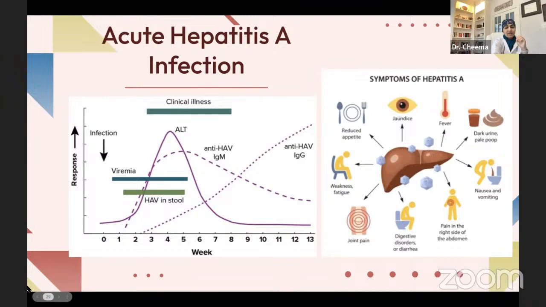It can also occur in healthcare workers through accidental needle stick. Unlike hepatitis A, which is self-limited with no long-term sequelae, both hepatitis B and C infections are associated with significant long-term morbidity and mortality.